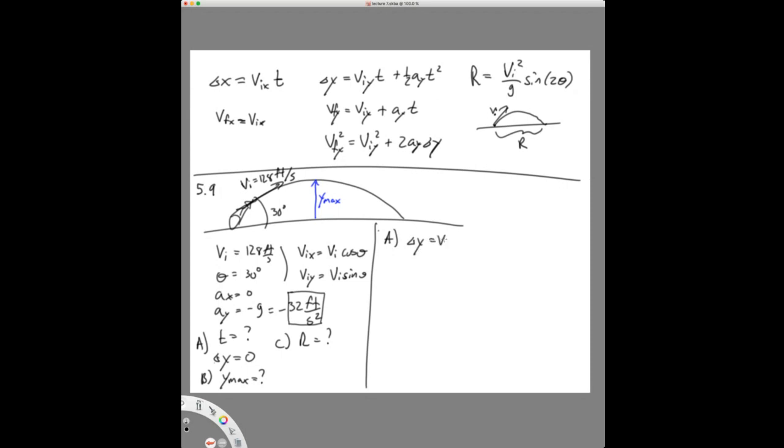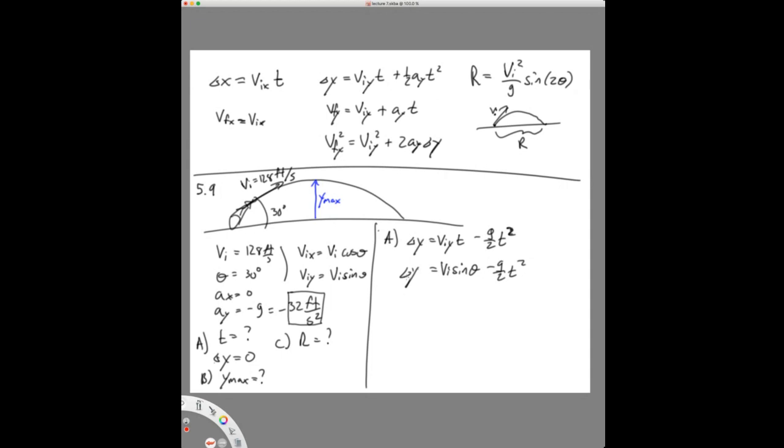Delta Y equals ViY t minus g over 2 t squared. So I'm already putting in that AY is negative g. And I can even go ahead and add in that ViY is Vi sine of theta.